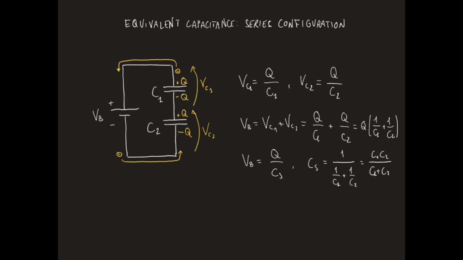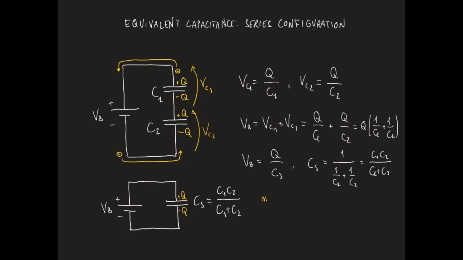Therefore, from the standpoint of the battery and of the charge the battery has to move, the two capacitors C1 and C2 in series behave like a single capacitor with the capacitance CS equal to C1 C2 divided by C1 plus C2.